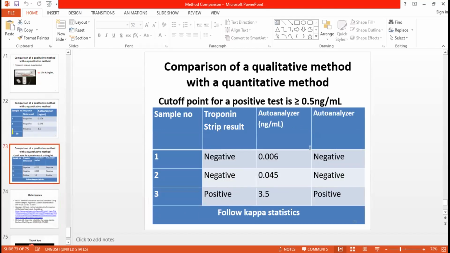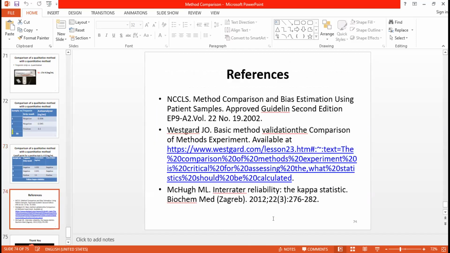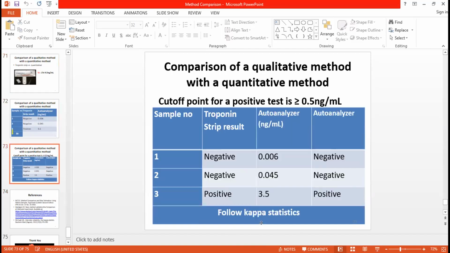What I did was, I know the cutoff point for a positive test for the auto analyzer, which is that. Using this value, I converted those values into negatives and positives. Then I followed the previous way and analyzed the data with kappa statistics. Those are my references, and thank you very much.